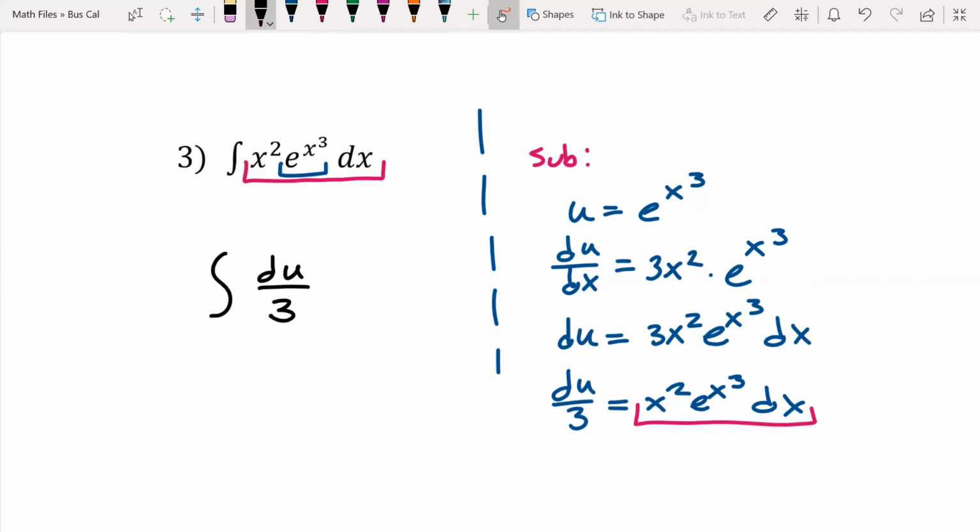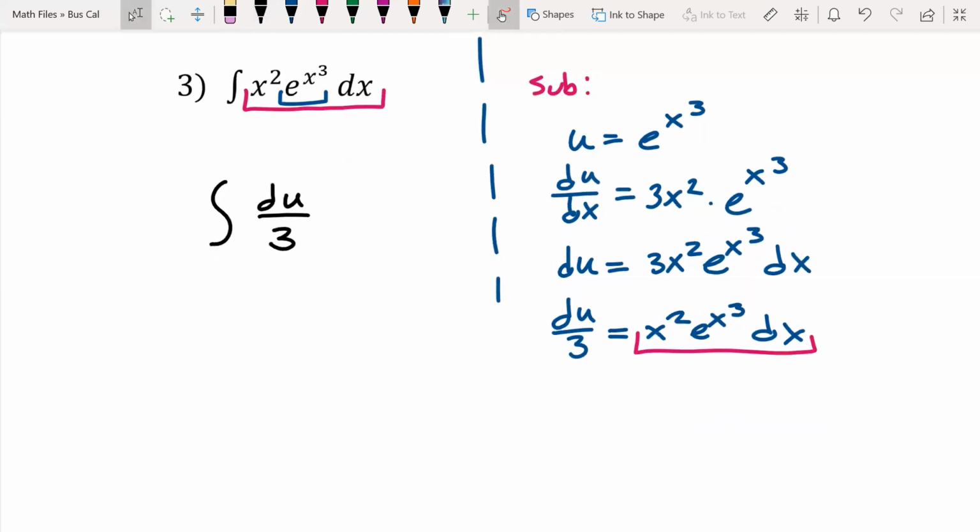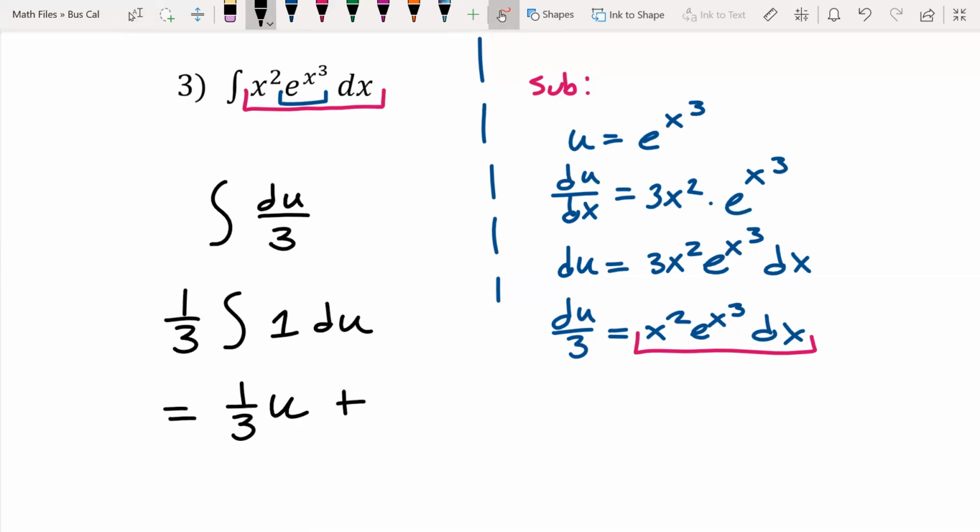Crazy. Okay, so to make this nicer, I'm going to rewrite it as 1 over 3 times the integral of 1 du. So I take the 1/3 out and I leave a 1 du in there. And now this is going to use the integral rule for constants. So this will become 1/3 u plus c.